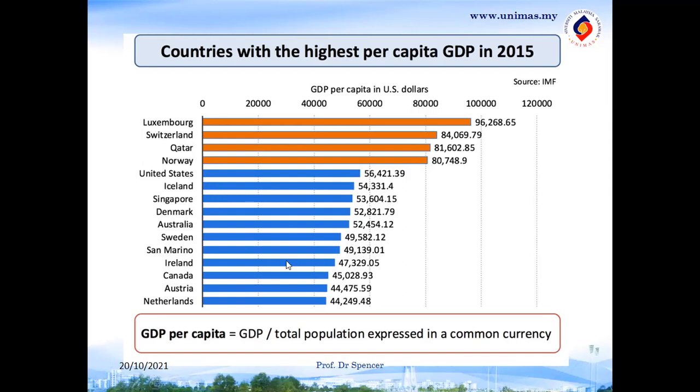So this is just the distribution in terms of the per capita GDP of different countries. So Singapore is up there, yeah, among the top 10, yeah, 53,000. Kita in Malaysia, I think we are more or less around 29,000 per capita GNP per year. Yeah.